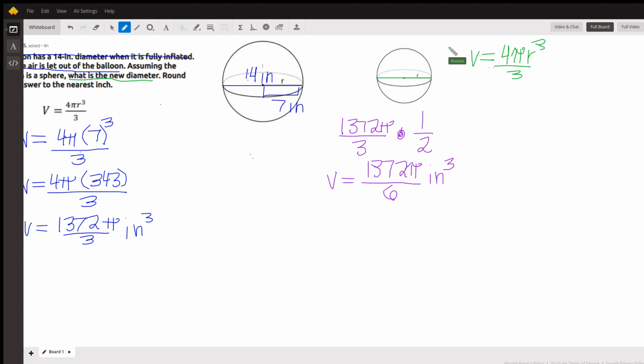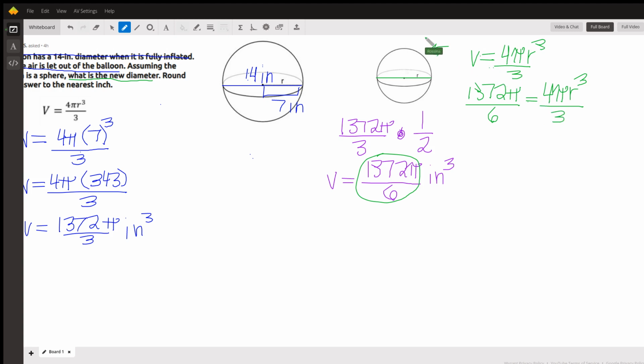I know its volume, there it is, so we're going to use that number: 1372 pi over 6, replacing V in V equals 4 pi r cubed over 3.